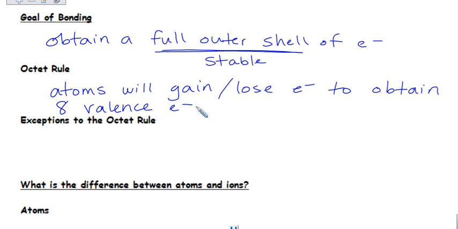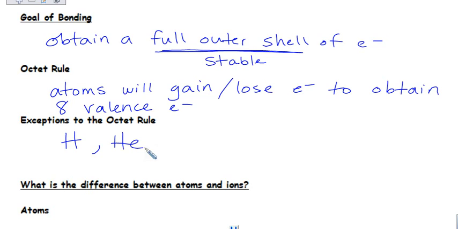Now there are a few exceptions, and for the most part it's small atoms. Small atoms that might only want to fill the first energy level. The first energy level can only hold 2 electrons, so these atoms really don't need 8. A good example, hydrogen, helium. So helium only has 2 valence electrons, but it's actually stable because it's only filling the first energy level and it can only hold 2.